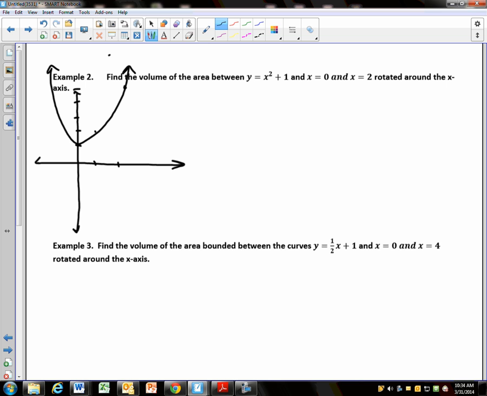But we're not doing that. It says you're bounding from x equals 0. So x equals 0 is here, and x equals 2 is there, and it's going to be rotated around the x-axis. Well, if it's rotated around the x-axis, I'm going to have the same type of shape drawn below.